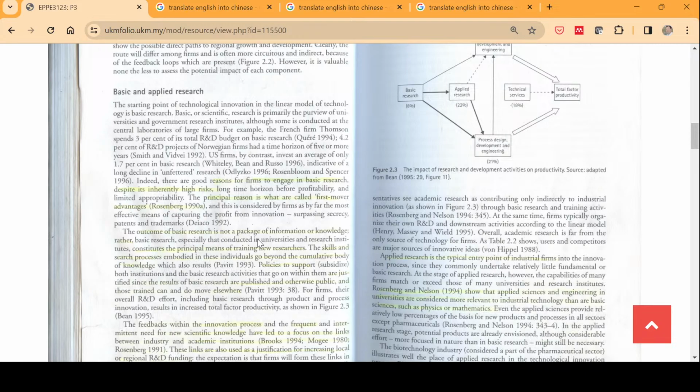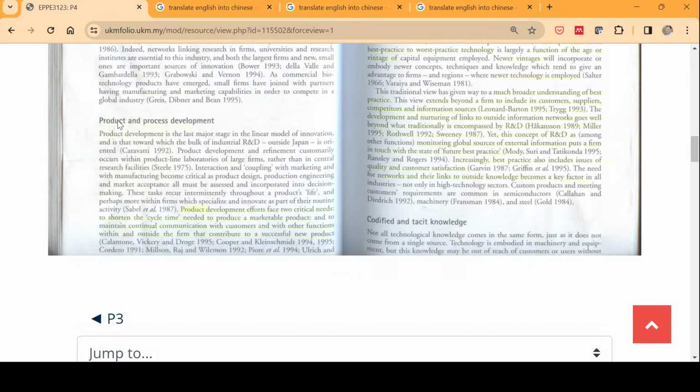Product development has to do with the product itself, to develop from the concept, prototype, and you do the testing, R&D on that, and then finally you produce the product. Where's process? In my Telegram, I sent you the picture. If you look at the picture, let's read together from the Telegram.